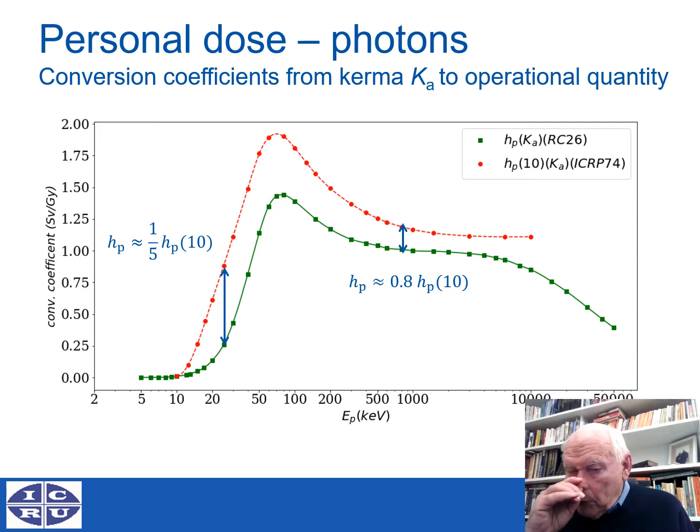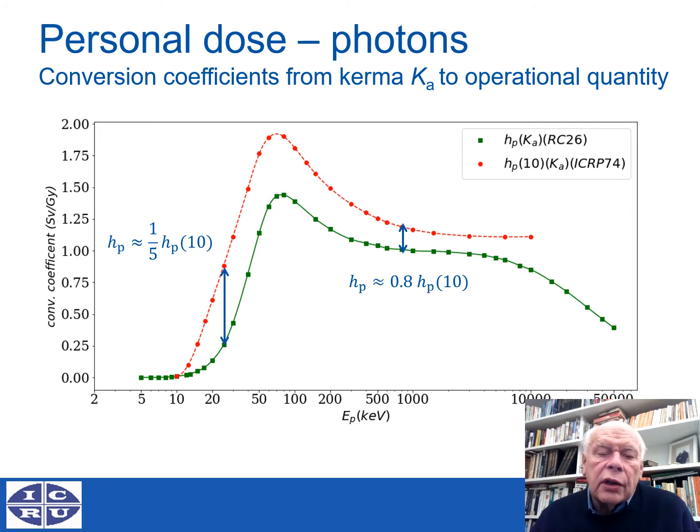One example for personal dose: the conversion coefficients as a function of energy from fluence to Hp and Hp(10). For Hp, the new quantity, it's the lower curve, the green. For Hp(10), it is the red curve, the upper one. And you can see that from energies above 50 or so keV, the two curves are almost parallel. That means instruments which are used in this energy range need only a simple recalibration.